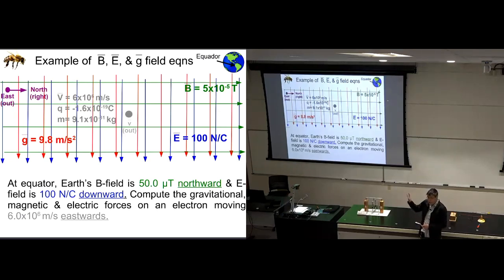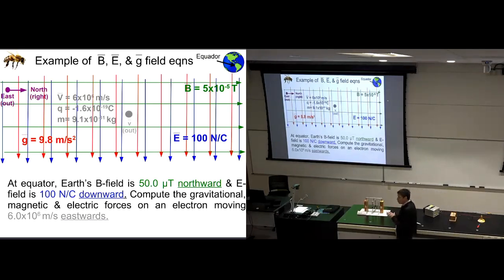So that's the strength of the Earth's magnetic field near the equator. We're told that the Earth's electric field near the Earth's surface at the equator is about 100 newtons per coulomb. And we already know the gravitational field, or gravitational acceleration, at the surface of the Earth. That's 9.8 meters per second squared.